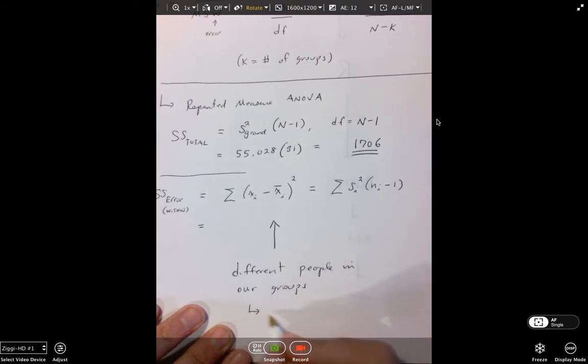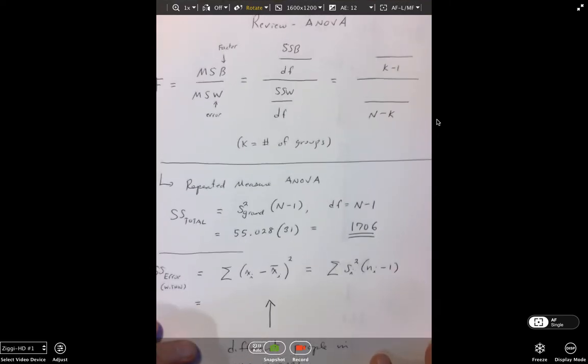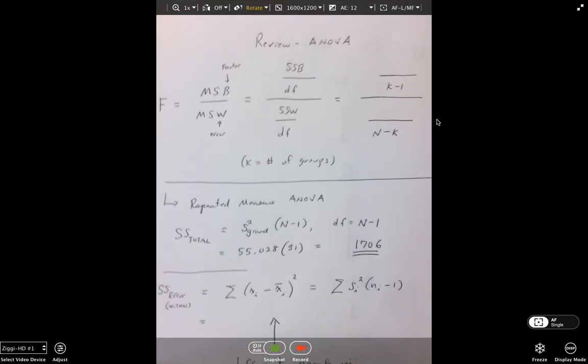Well, that word, independence. But we don't have that. We have lack of independence. So this measurement isn't different people in our group. This is actually clearly a violation of that.